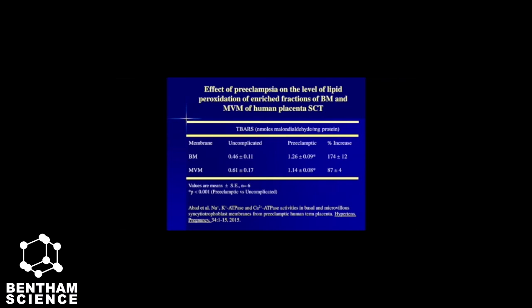Therefore, we measured in both membranes TBARS as an indication of lipid peroxidation in uncomplicated pregnancies and preeclamptic, and as you can see here, in both membranes, BM and MVM, the levels of TBARS are higher in preeclamptic membranes as compared to uncomplicated pregnancy.